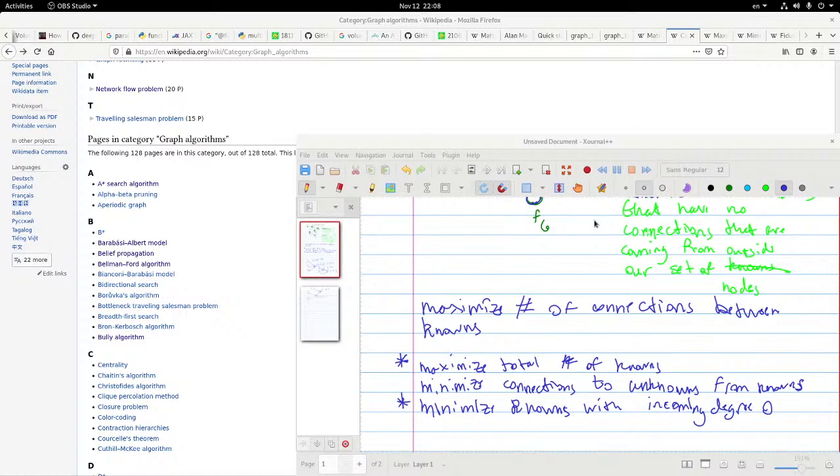I know that having a lot of knowns, having relatively few, what the heck is the word?